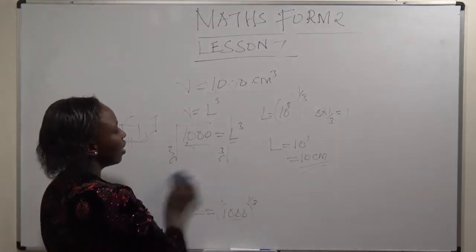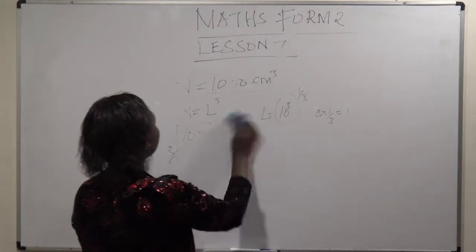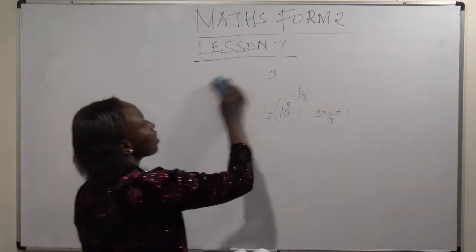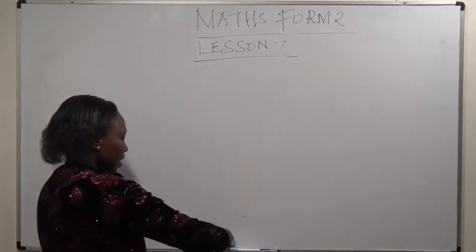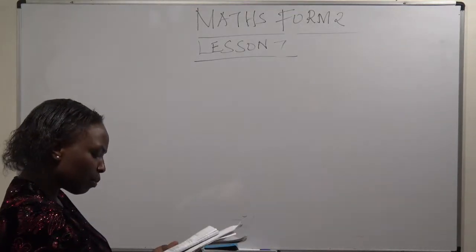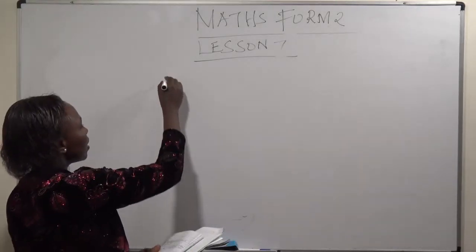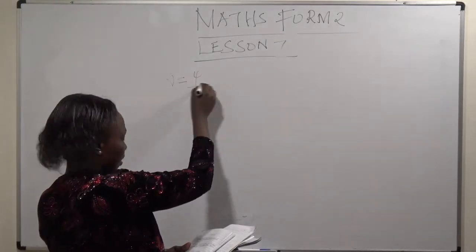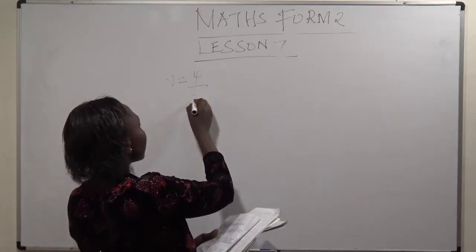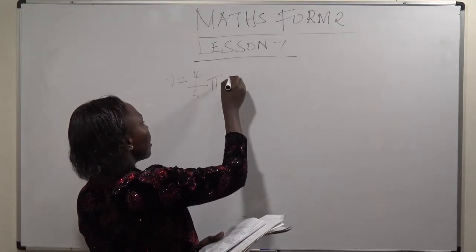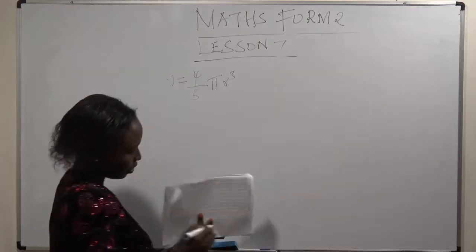Let's now look at question number 2. Question number 2 was reading as follows. The volume of a sphere is given by 4 over 3 pi r cubed.